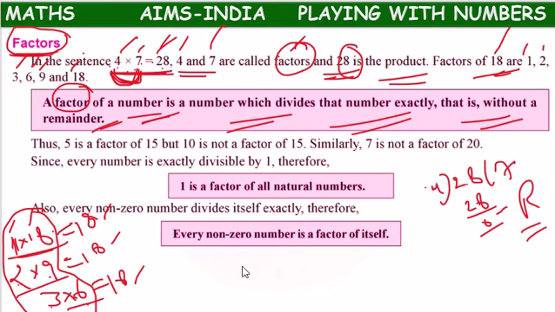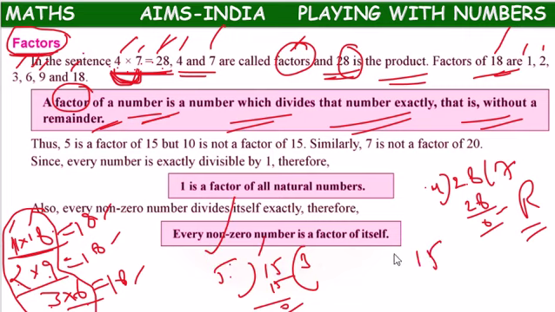So if we take the example of 15, with 5 3 times 15, remainder is 0. 15 is divisible by 5, means 5 is a factor of 15. Whereas the same 15, if you try to divide by 10, 10 1 times 10, what is the remainder? 5 is the remainder.